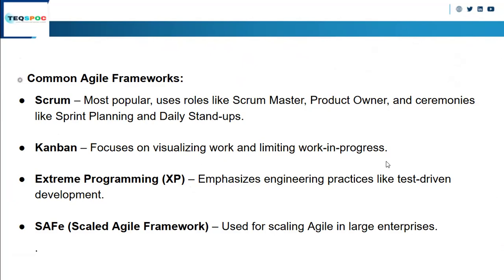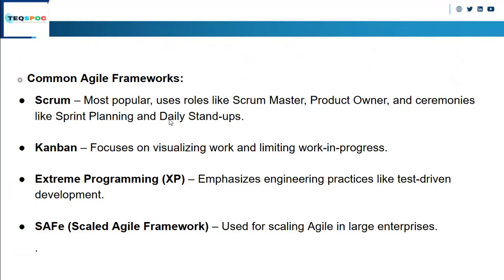Limit work in progress means that we can set a limitation on the respective board or column, so that at a time one developer can take one user story. Then once he has completed that user story, he can move to the next one. But in Scrum, there is no limit on work in progress, so one developer can work on more than two user stories. That is the major difference between Scrum and Kanban.